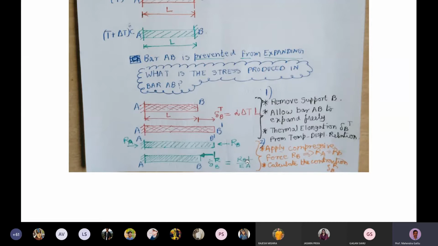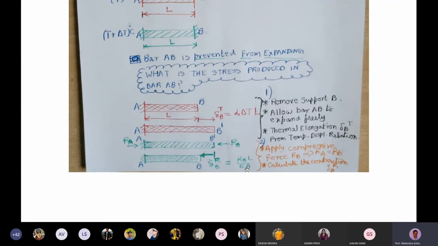The reason is RB by EA is a very small quantity, and when you multiply RB by EA into L plus RB by EA into delta BT, the second term RB by EA into delta BT can be neglected when you compare it with this value. So this analysis is okay. We can neglect the delta BT term, and we can effectively say that delta RB, which is the contraction in this bar, is RB L by EA.